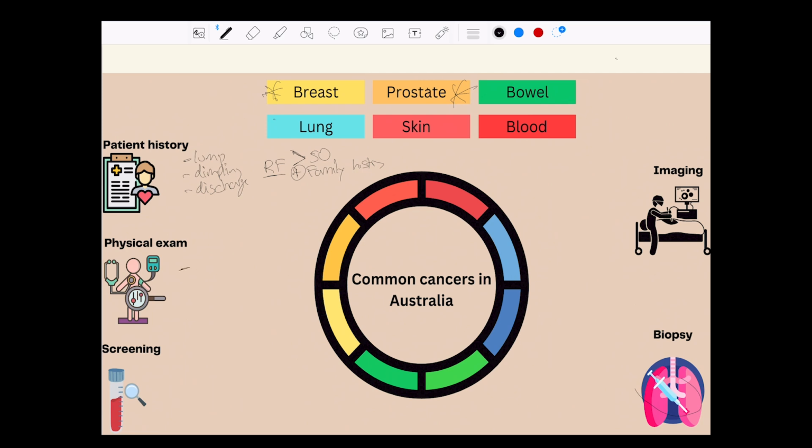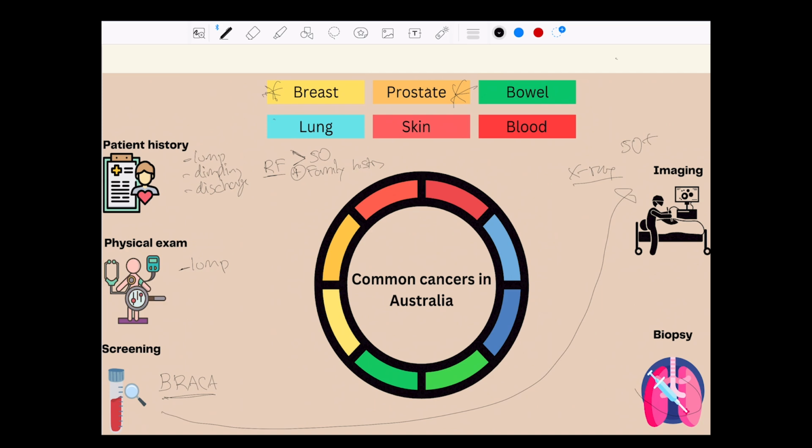Physical examination would find a lump, and then the screening could be through a genetic analysis, and that would be positive for the BRCA gene, which would increase the likelihood of the individual developing cancer. But another screening approach is a mammogram, which is an X-ray, and that is essentially looking at the breast. And this is generally done for individuals in Australia over the age of 50.